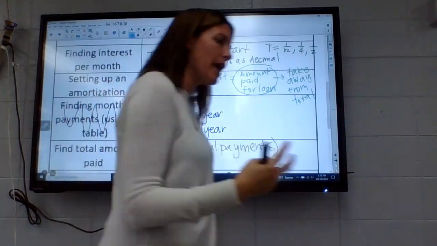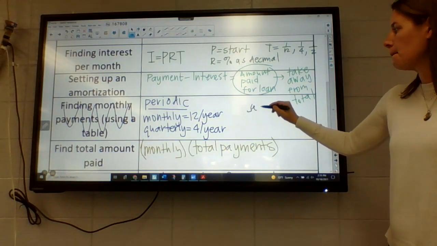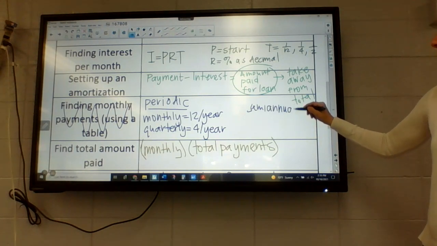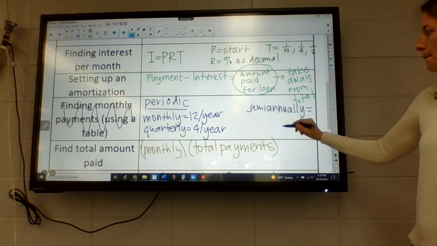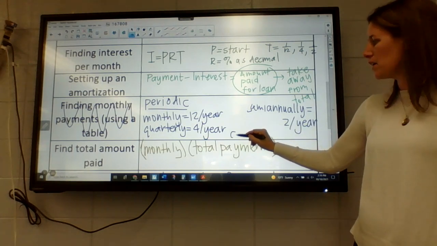Then there was semi-annually, that's twice in a year. I guess the only other one would maybe be annually, and that's once in a year.